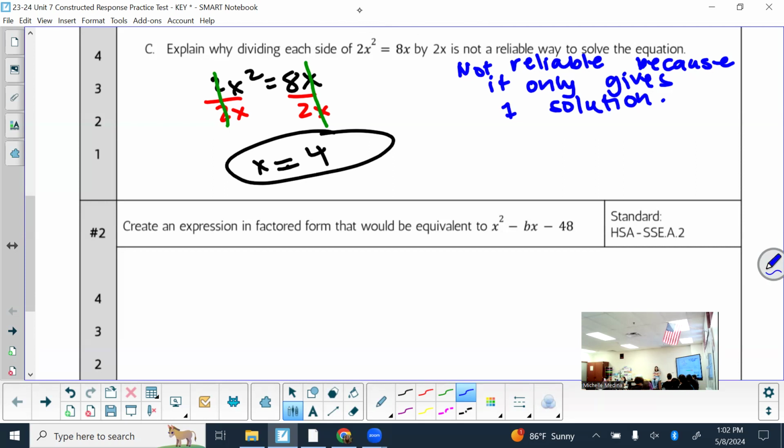What's the way that I can check that there's more than one solution? Well, if I do that, that proves that this is correct. But there are 2 solutions. How can I know what the other one is? How can I actually solve it?